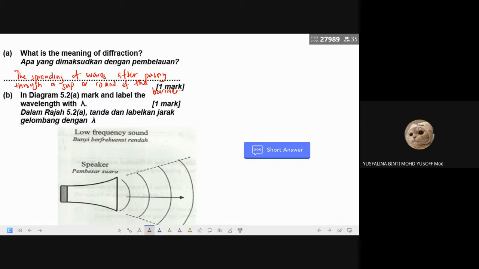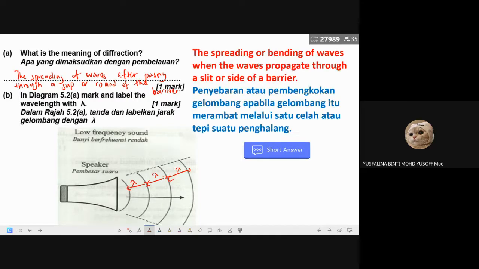Okay, the next one, you have to mark and label the wavelength. So one wavelength is actually this one. This is also called lambda. This one also lambda. This one also lambda. So you can measure any of these three that I just put in the diagram here.